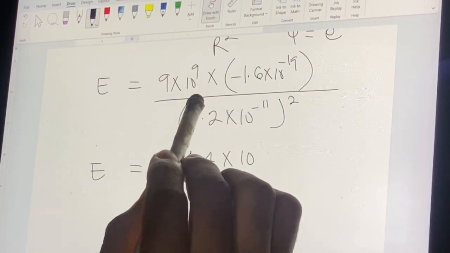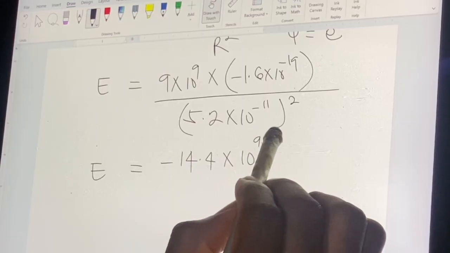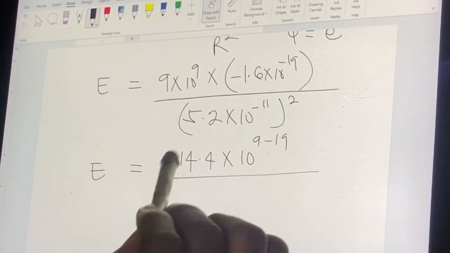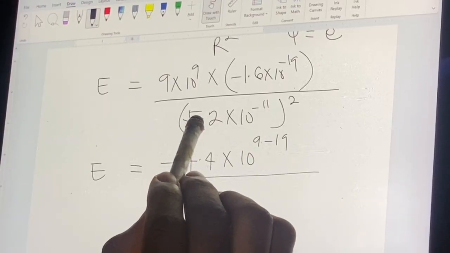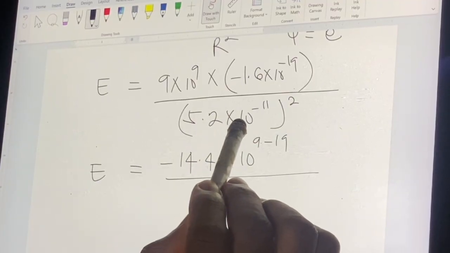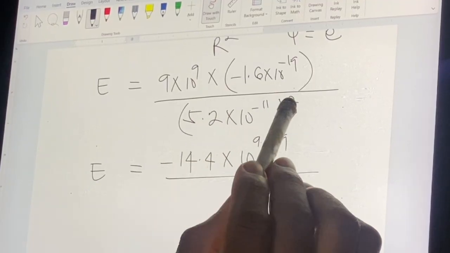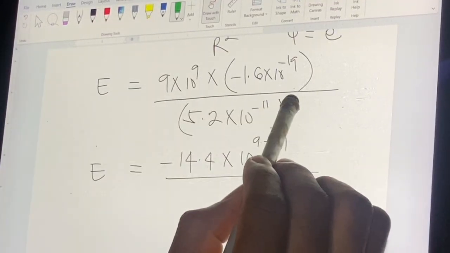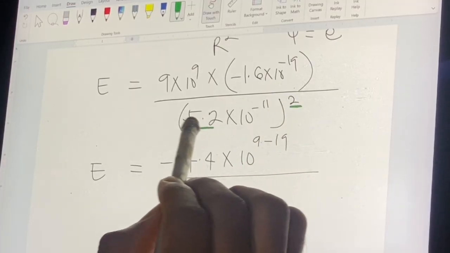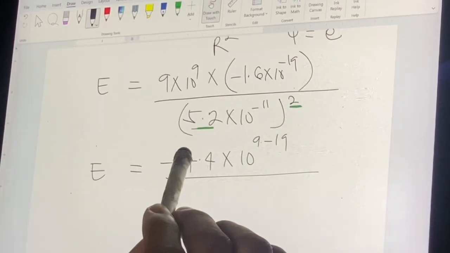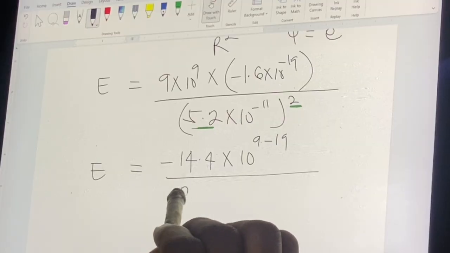Let's operate on the powers. This is going to be 9 minus 19, over 5.2 times 10 raised to the power minus 11, all squared. It simply means that this square here is affecting this here. Please take note.